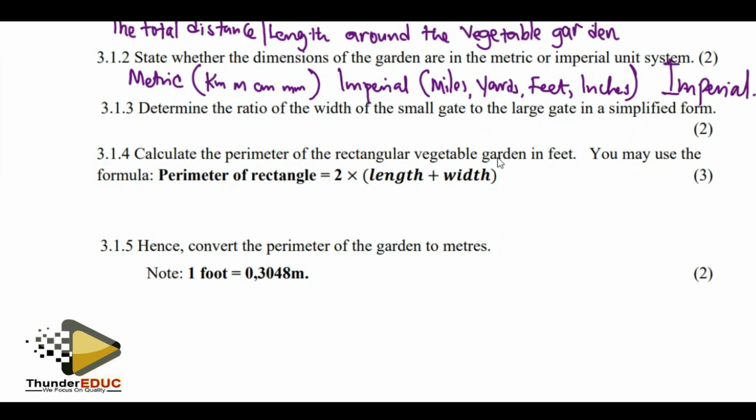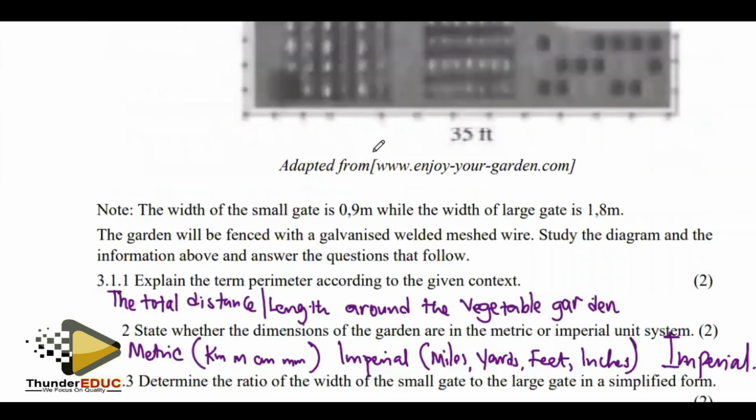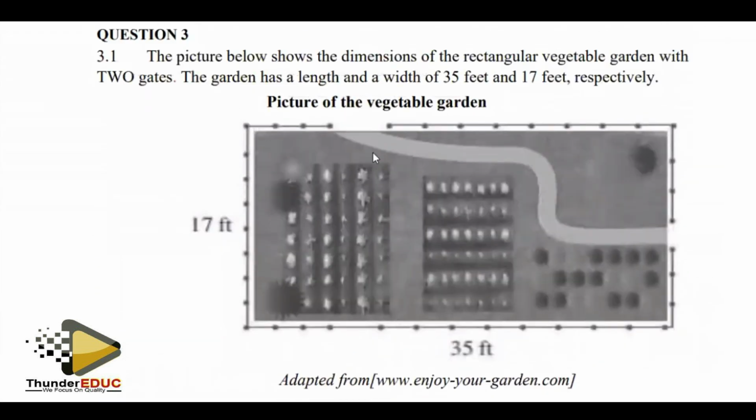Another thing I've forgotten about the perimeter. Perimeter is when you start from here, you come there, you come here, and you add the distances that you move. That's how we get the perimeter.